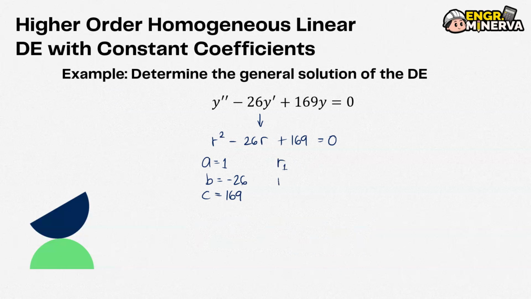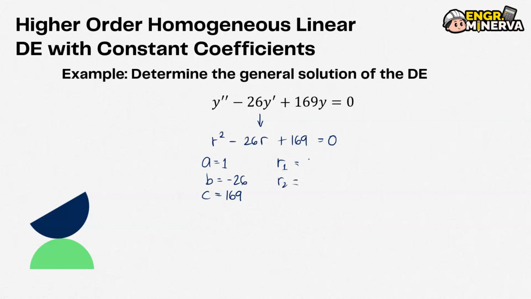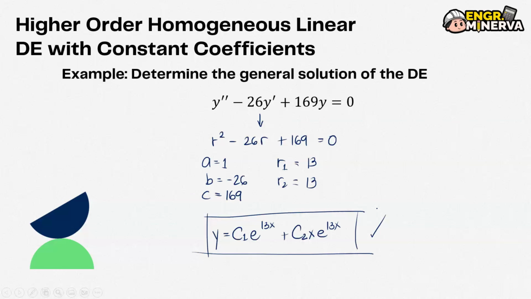So what would be our two roots? Entering 1, -26, and 169, that is 13. It only shows one root, so it means the root is the same: 13, 13. So y is equal to c1 e raised to 13x plus c2 x e raised to 13x. And that is our answer.